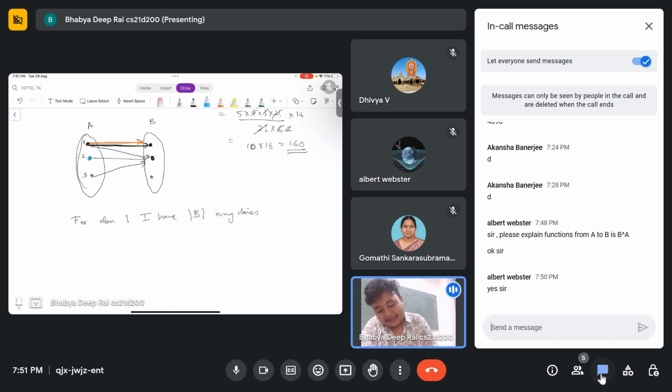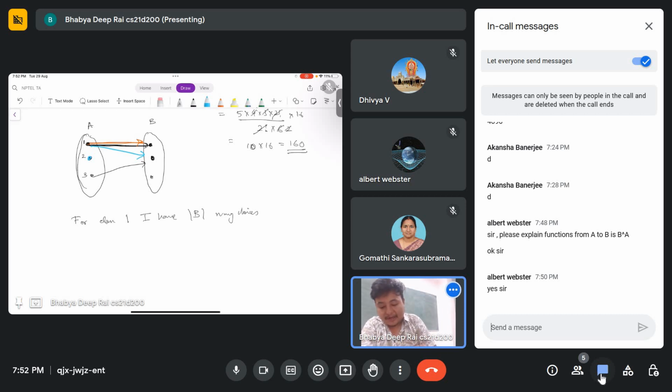The key idea is that in a function, this is allowed: I can map to the same element, although I cannot map from the same element to two different outputs. Something like this is not allowed.